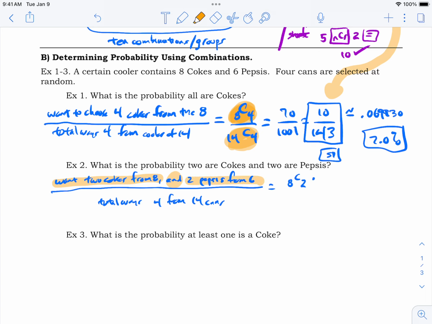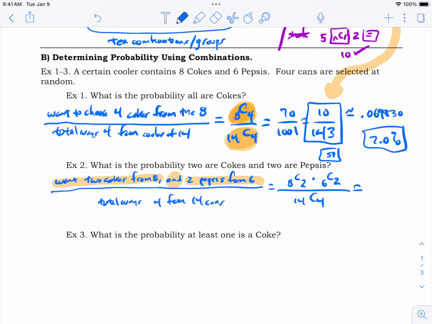We're choosing 2 from 6. 2 from 6. So you have 6. You want to choose 2. That's what goes on top. So you've got this many ways of getting 2 Cokes and this many ways of getting 2 Pepsis. And you multiply those to get the total ways that you could get 2 Cokes and 2 Pepsis. Okay, cool. And the total, you got 14 cans total. So you're going to choose 4, right? That's the same as we had in part A, or example 1, I should say.